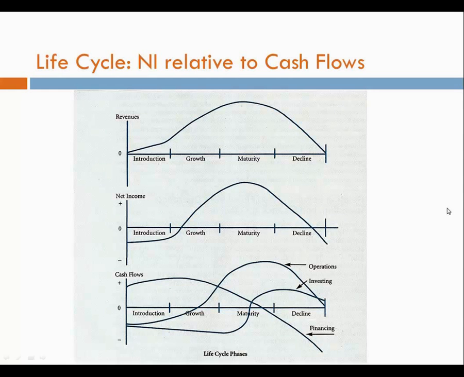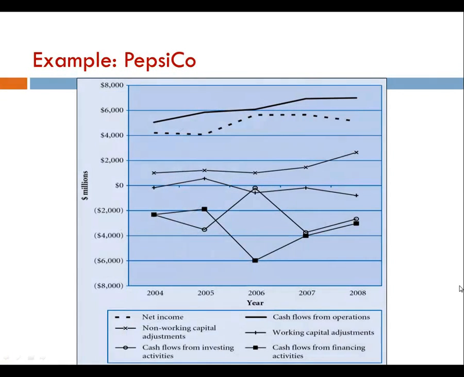Okay? Now back to, this is not the life cycle for Pepsi, but this is how Pepsi's cash flows look. Their net income is here. Their cash flows from operations are greater than the net income. Their non-working capital adjustments are there.